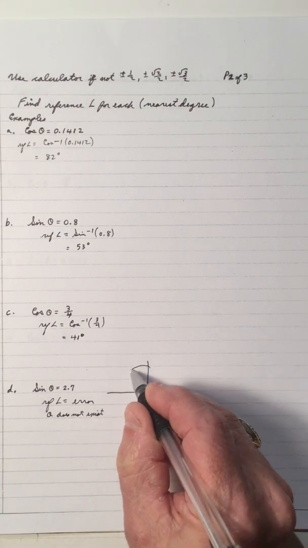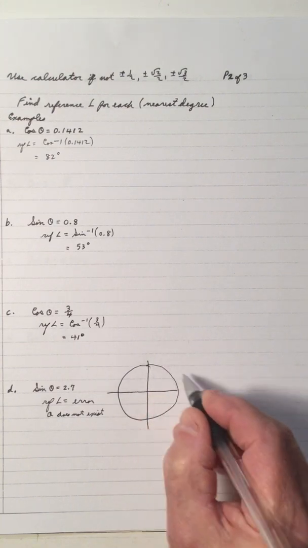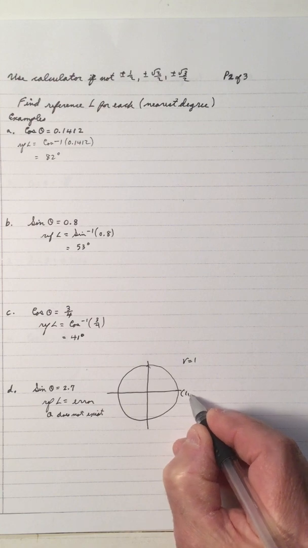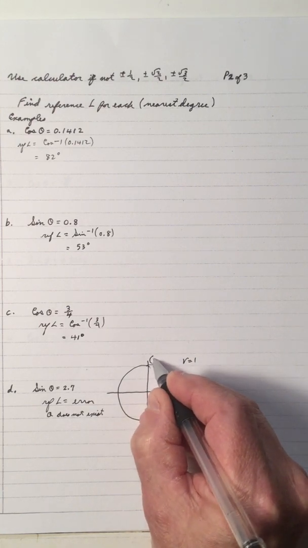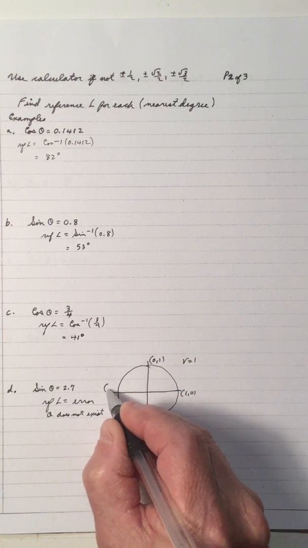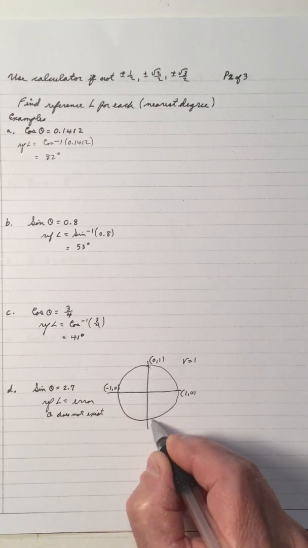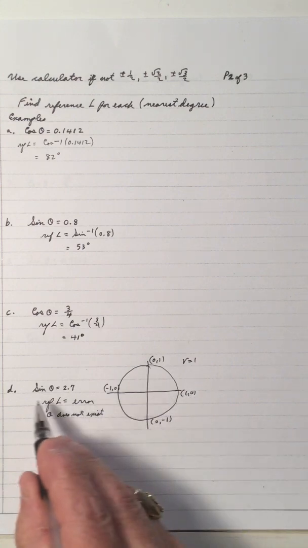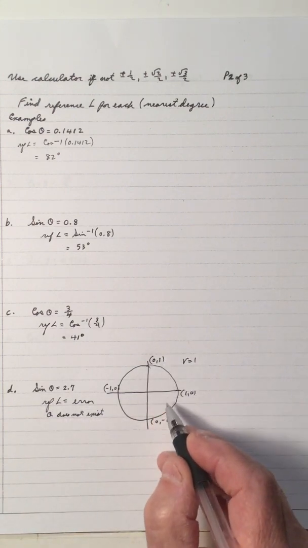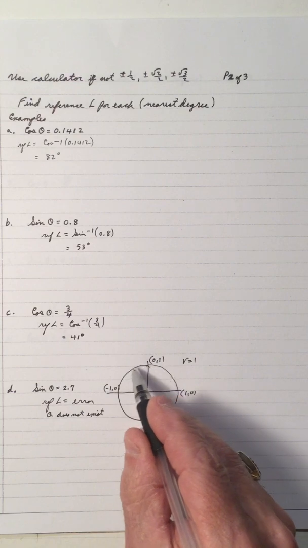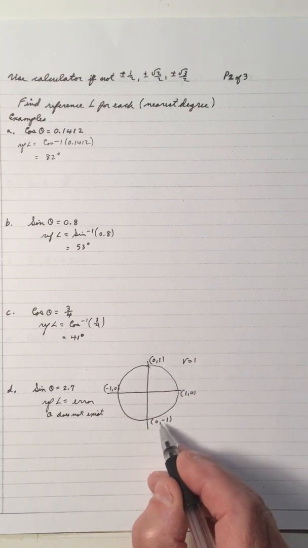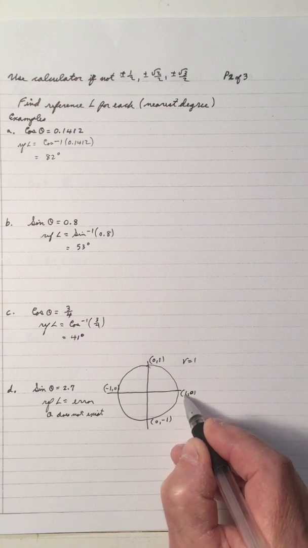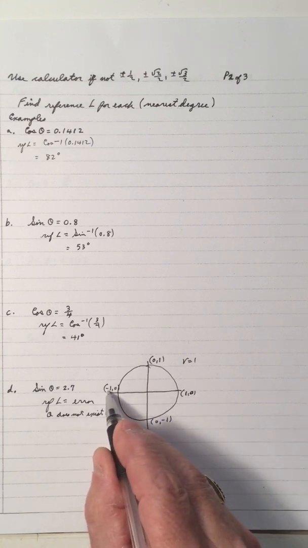Let's explain. We drew the circle, and on the unit circle whose radius is 1, this point is 1, 0. This point is 0, 1. This point is negative 1, 0. This point is 0, negative 1. Notice that sine is the y, and the largest value for y is 1. The minimum value is -1. The largest value for cos, which is the x, is 1, and the smallest value is -1.